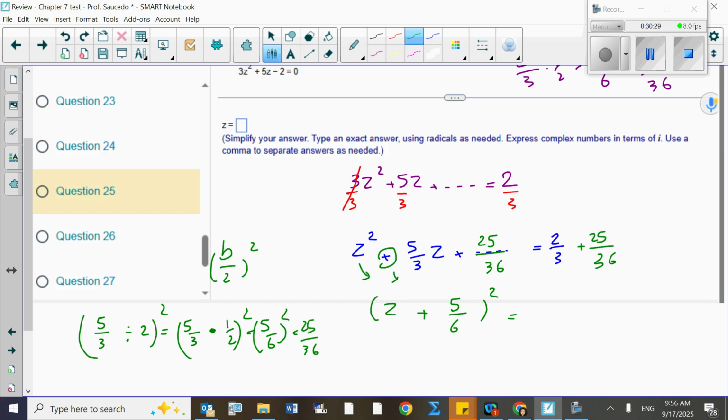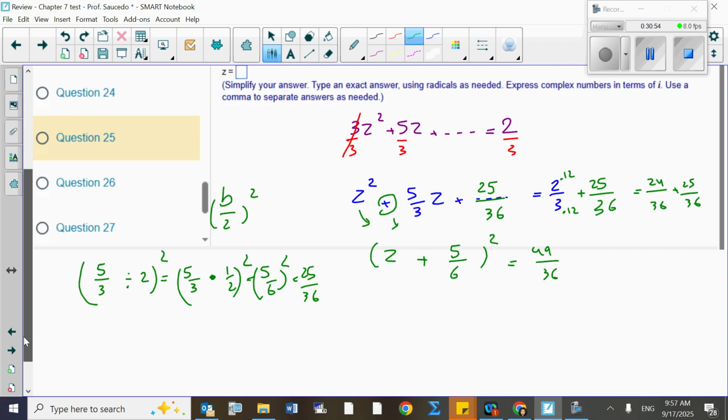So I'm going to find a common denominator. You need to multiply 3 by 12 to get 36. And you do the same thing to the top as well. So this will be 24 over 36 plus 25 over 36, which the answer will be 49 over 36.